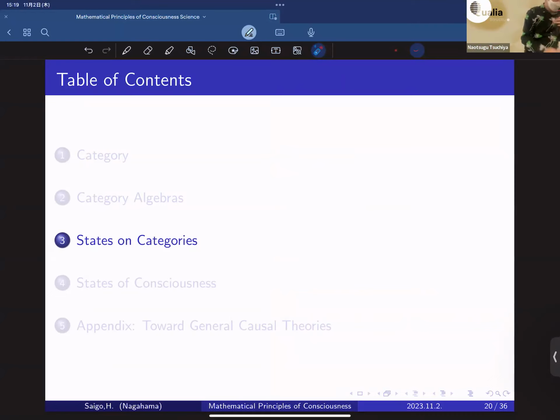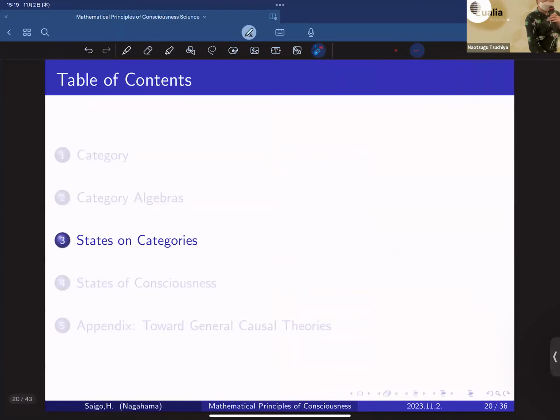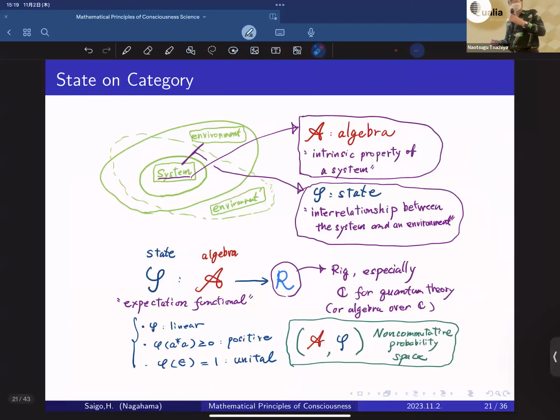So if you are given some star structure, a star algebra, then we can talk about the positivity structure. Then we have the notion of state on a category. A state is a linear functional, or positive linear functional, defined on some star algebras.